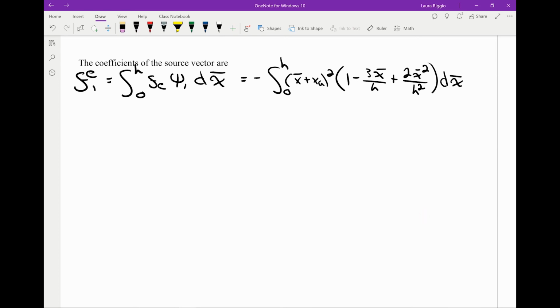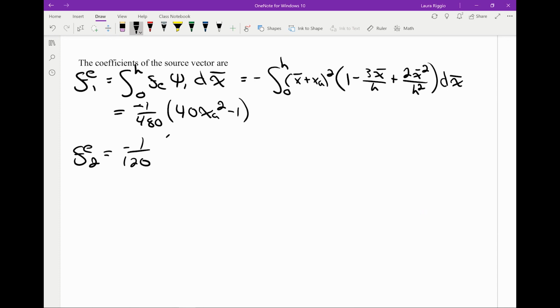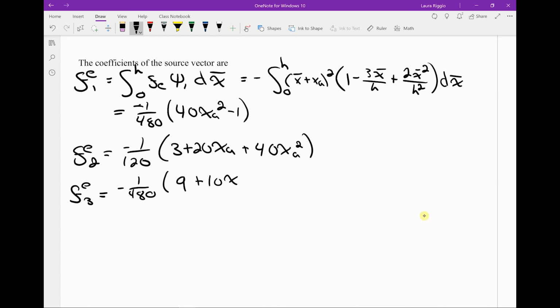I'm just going to plug everything in, which equals minus 1 over 480 times 40 xa squared minus 1. FE2 is minus 1 over 120 times 3 plus 20 xa plus 40 xa squared. And F3 is equal to minus 1 over 480 times 9 plus 10 xa plus 10 xa squared.